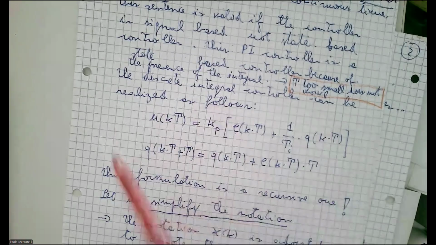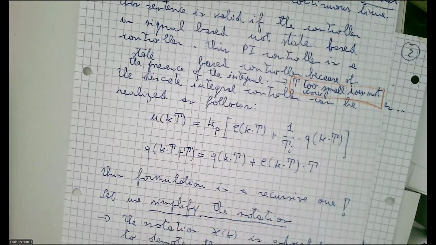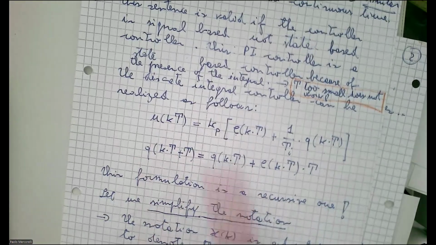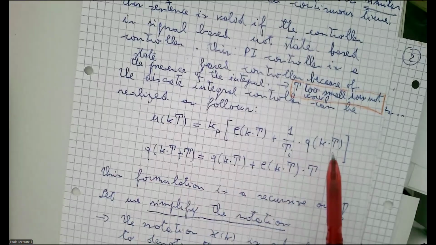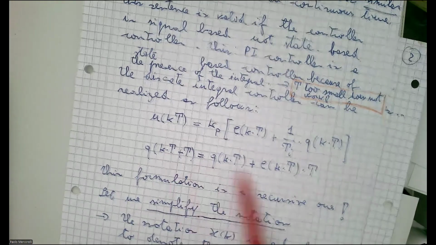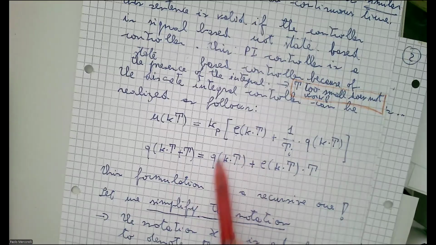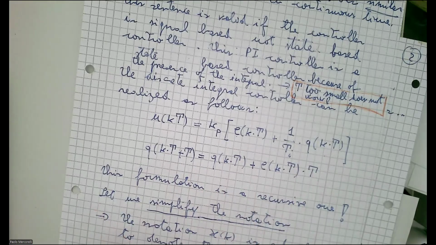These two equations characterize the PI integral. Very important, the Q, which is the augmented state in discrete, basically states the memory, the storage effect.